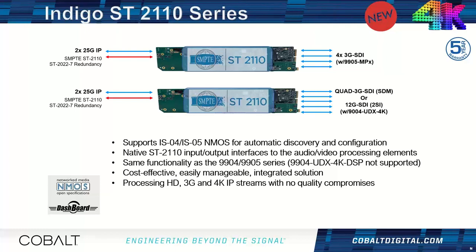A little bit more detail on the solution. The solution will feature two dual 25 gig interfaces. So you can do native 4K and you can have ST 2022-7 seamless redundancy, just like RIST. We will have support for NMOS, IS-04 and IS-05.